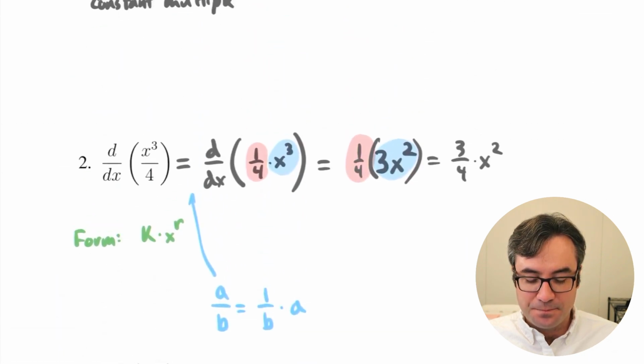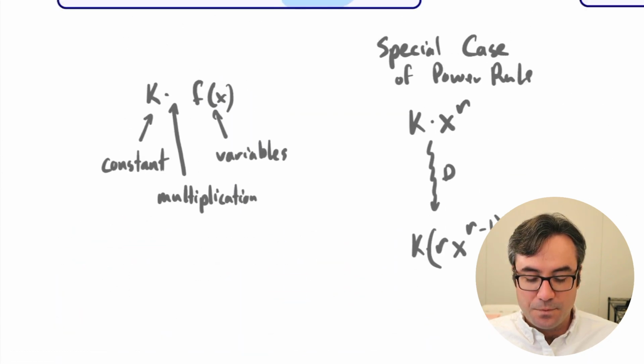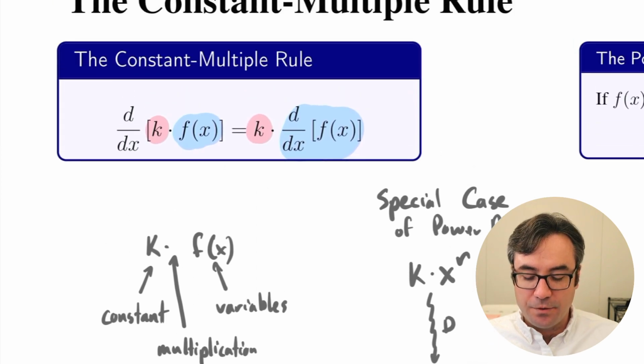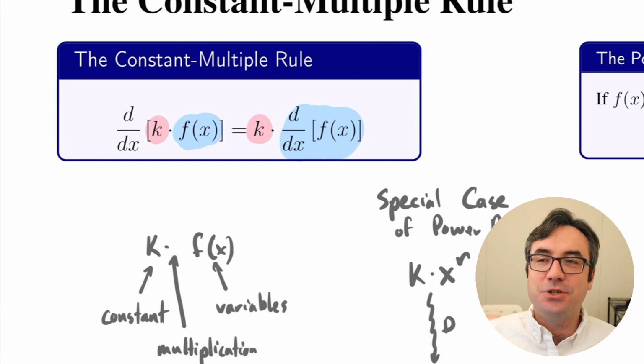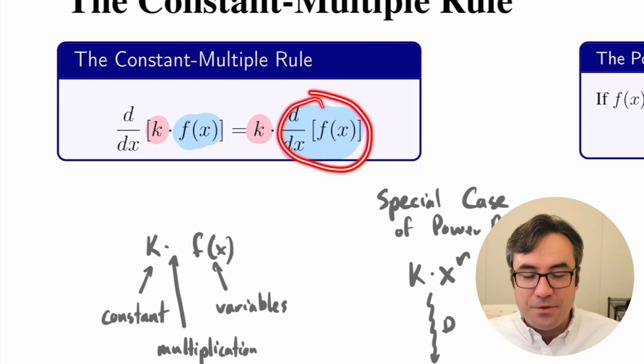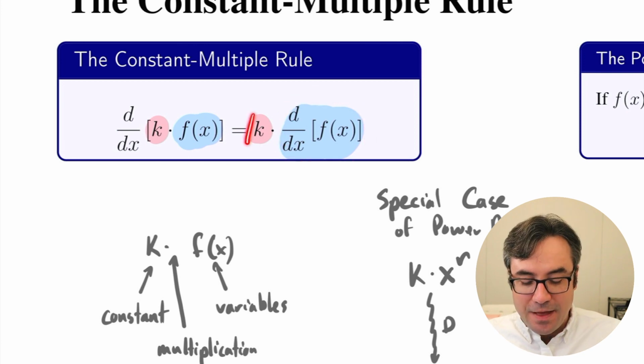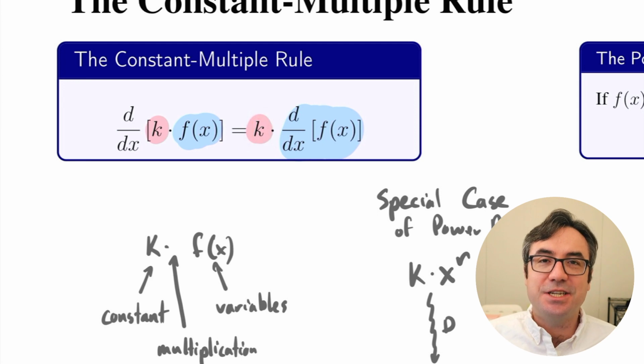And if we have a constant multiple, well, we have our constant multiple rule that says forget about the constant for just a second, get the derivative of your variable term, and then the constant multiple just sticks around in front.